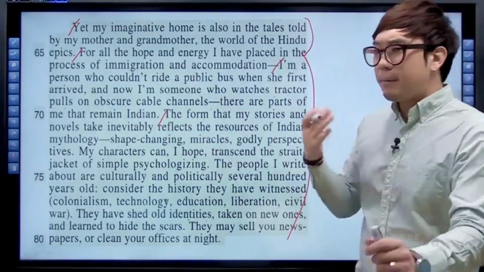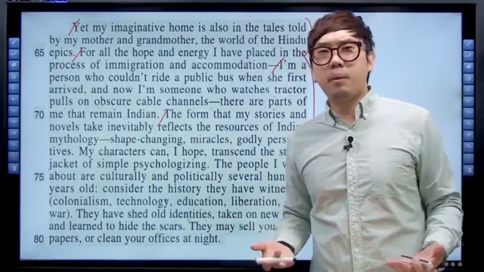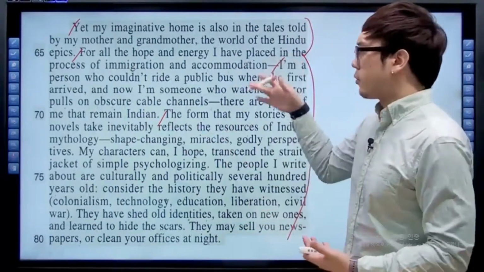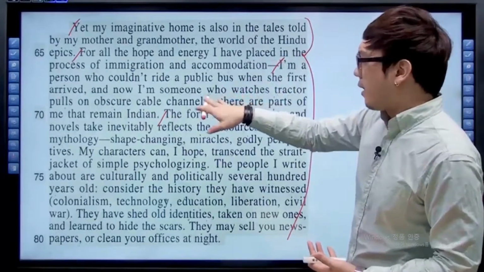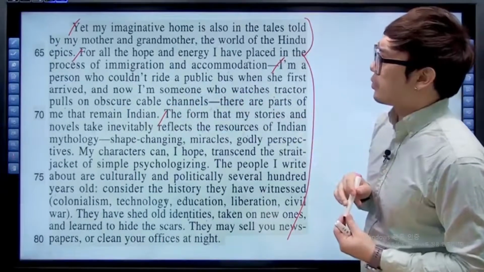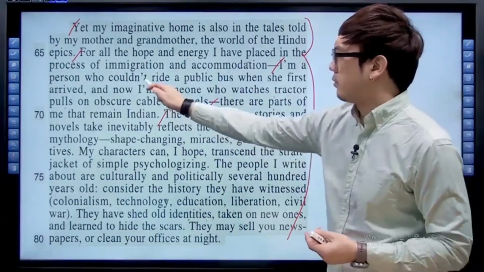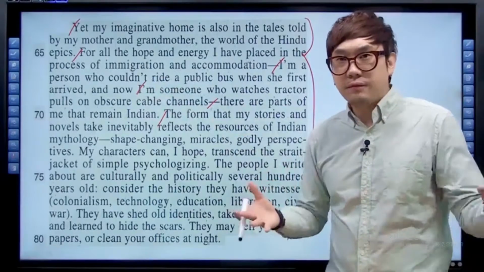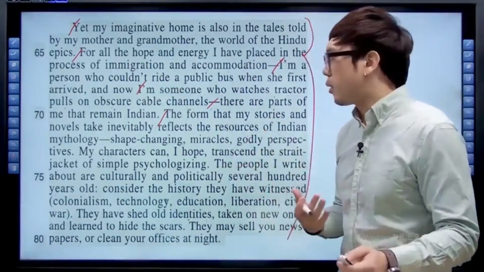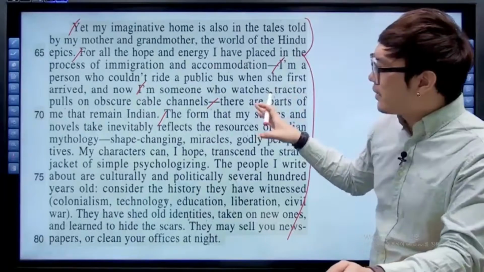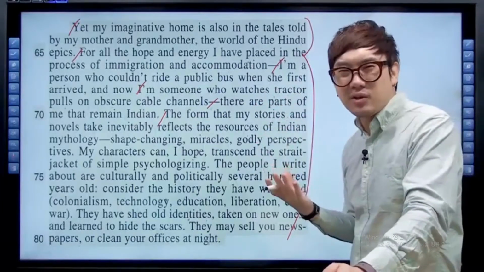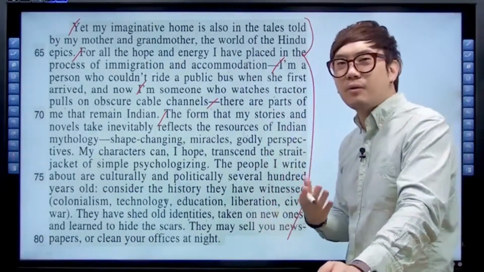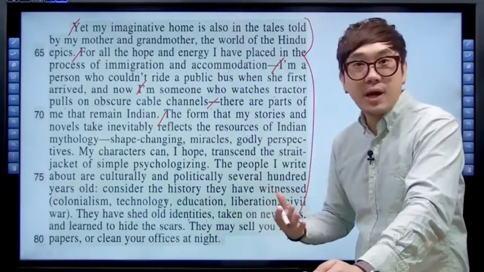So it says, I'm a person who couldn't even get onto a public bus when she arrived, but now I'm someone who watches tractor pulls on obscure cable channels, right? So she's a different person now. She's a changed person. I guess that's the idea that gives us that America has changed her. At least that's the acknowledgement of how she was changed.